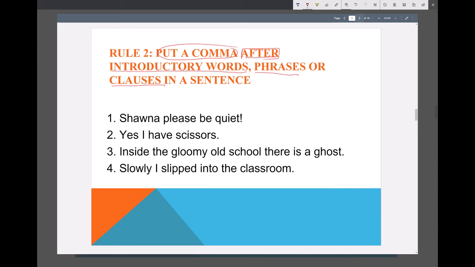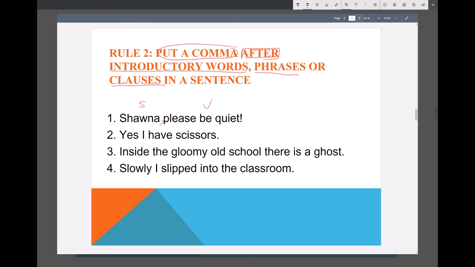Where does the comma go? If you put the comma between Shauna and please, or after Shauna, that's correct. So you have the complete clause, please be quiet, but you're introducing it. You're telling the person who it is to be quiet. So in this case, it's Shauna. Okay, so please be quiet.